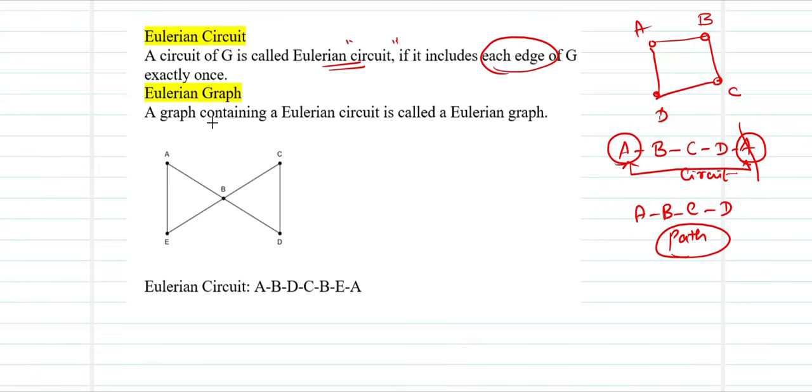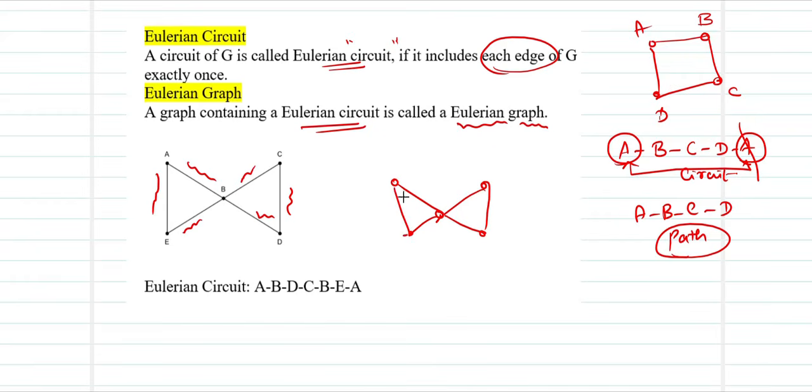And now if a graph contains an Eulerian circuit, then you call it an Eulerian graph. Now look into the example given below. You start with A, you go to B, you go to D, you go to C, you go back to B, then E and then back to A. So you go A, B, D, C, B, E and then back to A. You cover all the edges exactly once, and so you call this an Eulerian circuit.